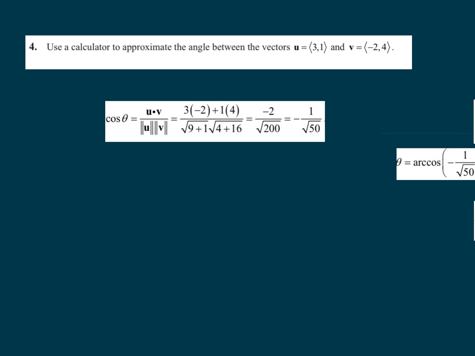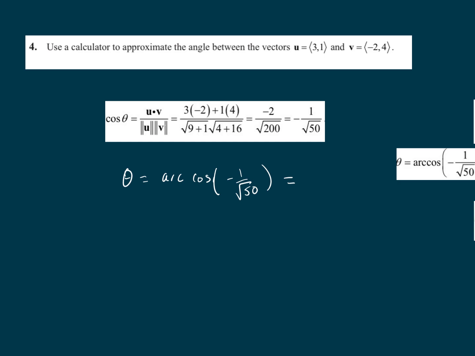And if you use your calculator, you can find that theta will be arc cosine of minus 1 divided by square root of 50. And this will be equal, use your calculator, should be, if cosine of theta is negative, an angle bigger than 90 degrees.